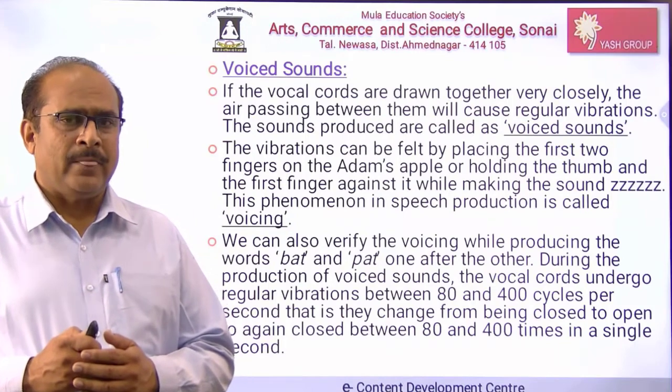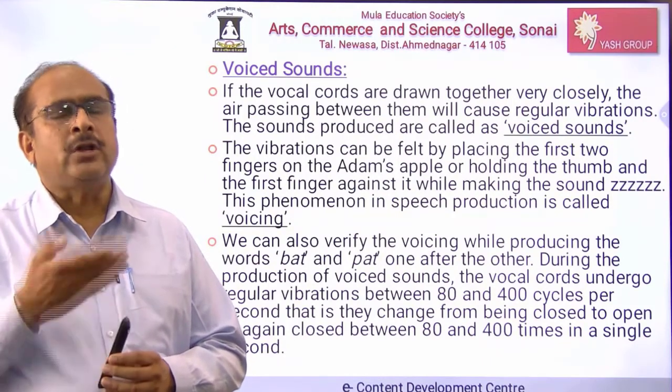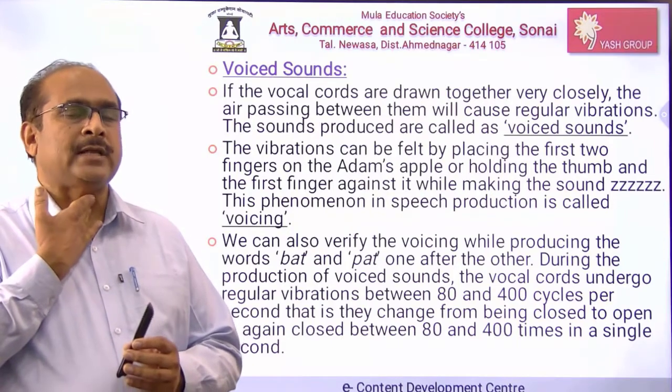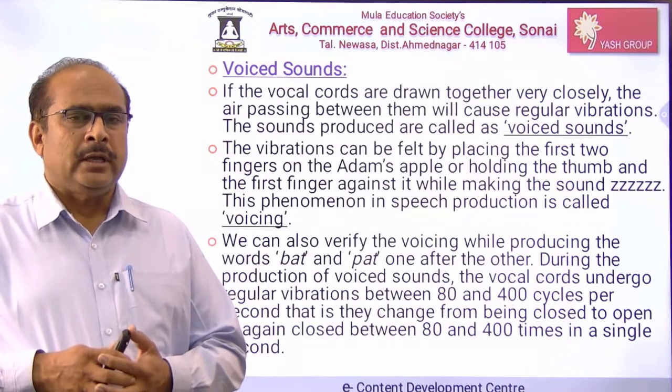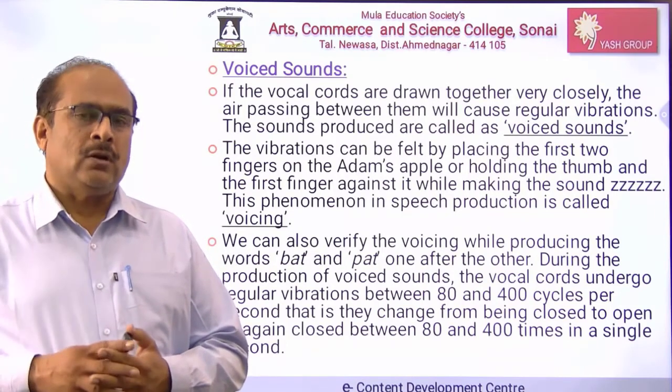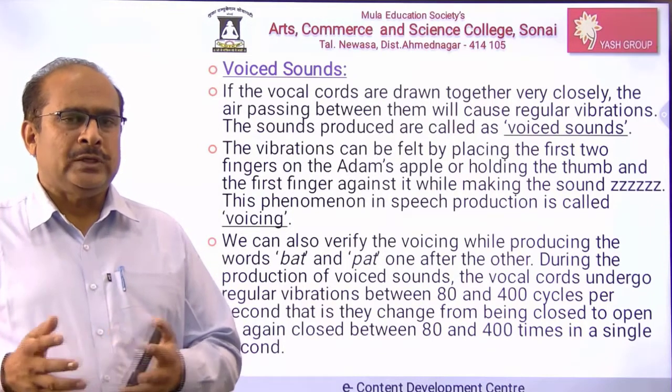For example, in the production of b sound, if you place your hand on your larynx, which is called Adam's apple, and if you produce b sound, you notice the vibration of vocal cords. Whereas in the production of p sound, you don't notice vibration.